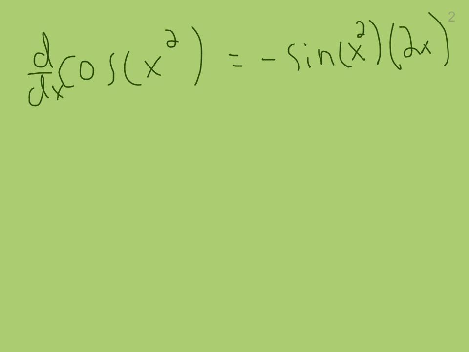So let's take a look. We've got our variable x right here. But once you move out, that x is being squared, and then that x squared is being hit with a cosine. So when we take the derivative, we have to work outside in. You're peeling back the layers. It's like the quote in Shrek, derivatives are like onions.